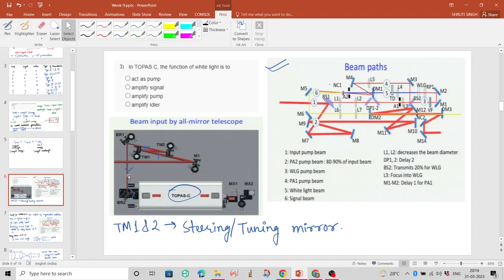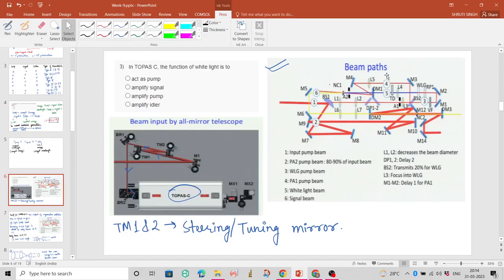Now here, what is white light doing? The white light is basically used to generate the signal. Here it is not written to generate the signal, so we can choose from the white light any color which we need to amplify.